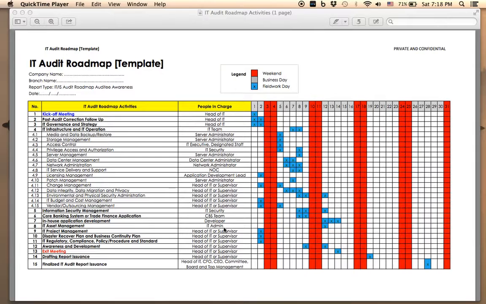The IT administrator will provide the supporting documents related to asset management, like asset movement, asset register, asset monitoring, and asset disposal.